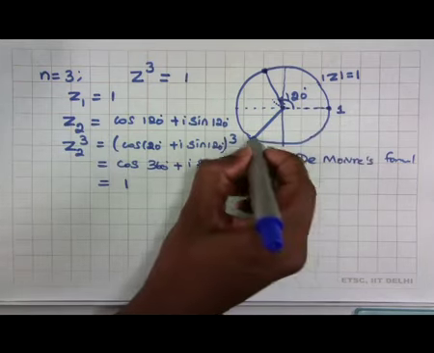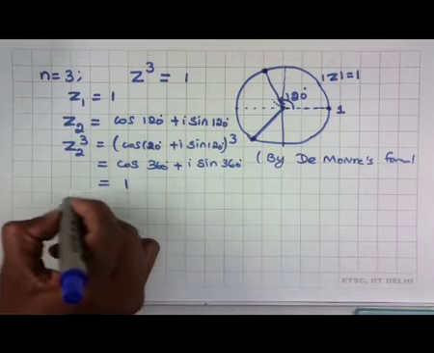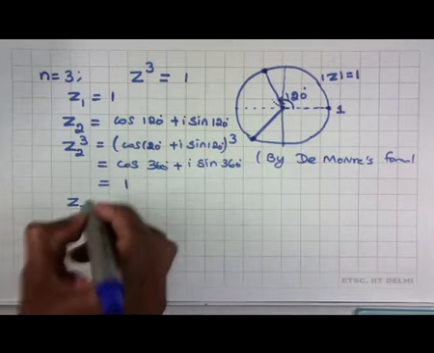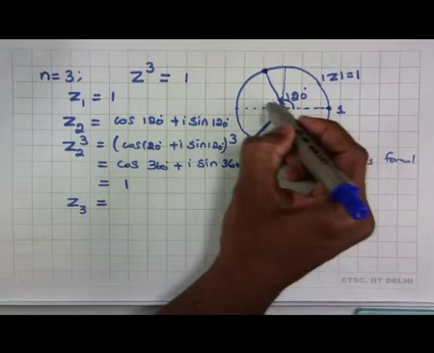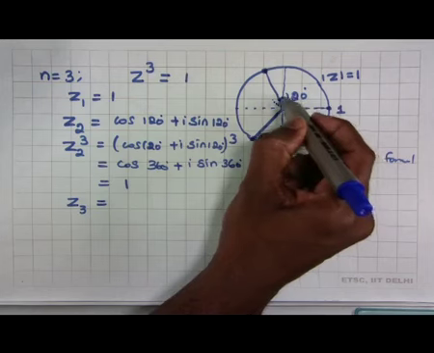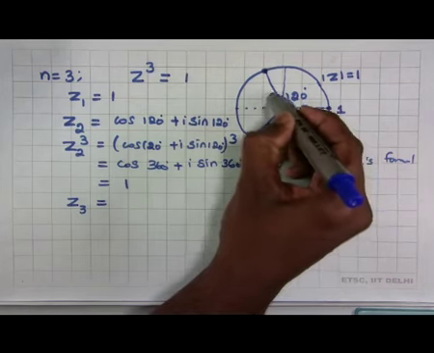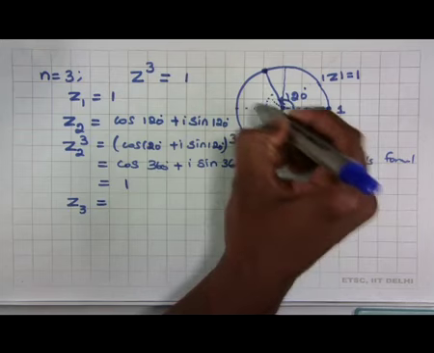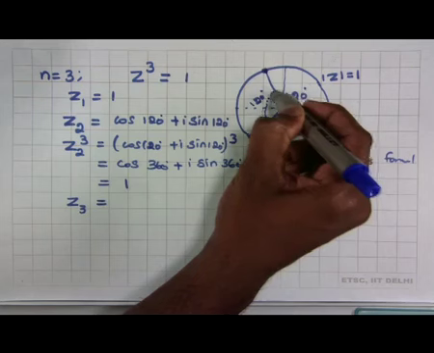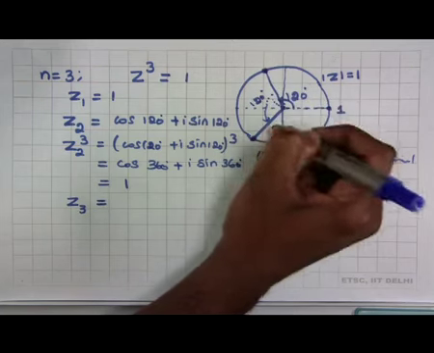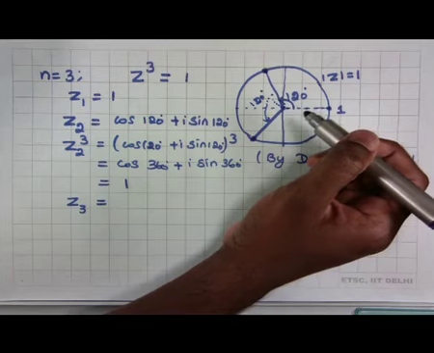Similarly, one can verify Z3. If you remember how we were getting it, the angle was equally divided, which means you add one more 120 degrees to this particular line. And if you recall, the angle sum happens when you are multiplying.